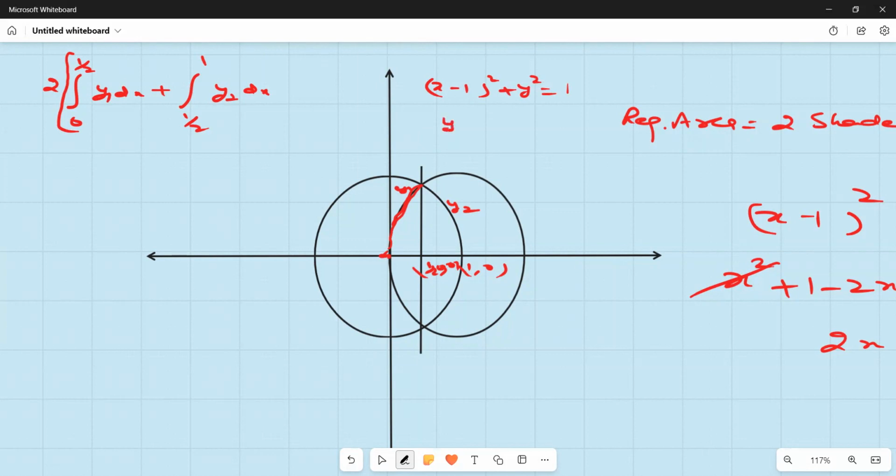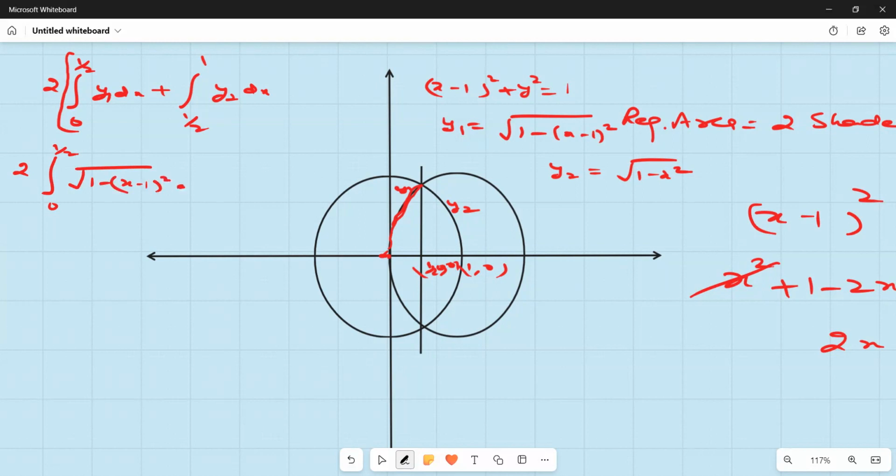Y1 is equal to root of 1 minus x minus 1 whole square. This is your y1. Y2 will be root of 1 minus x square only, right? So if you substitute the values, twice the integral from 0 to half of root of 1 minus x minus 1 whole square dx plus the integral of root of 1 minus x square dx, right? So how will you do now?